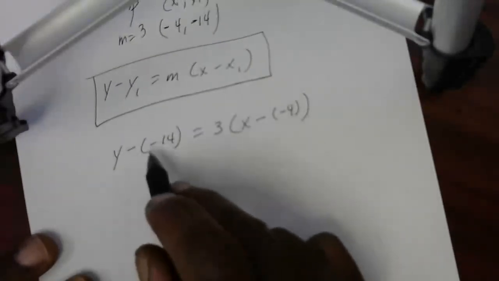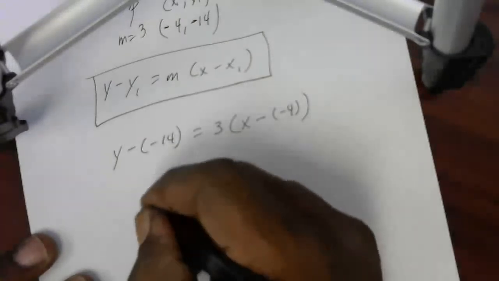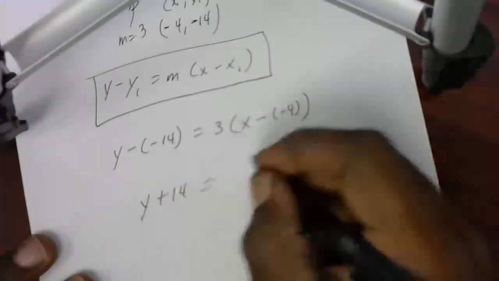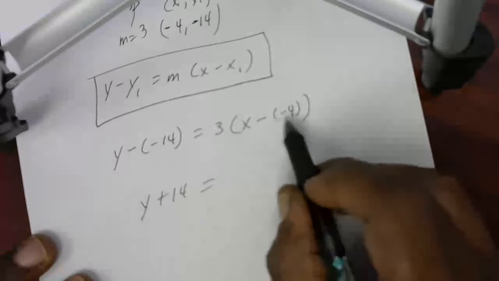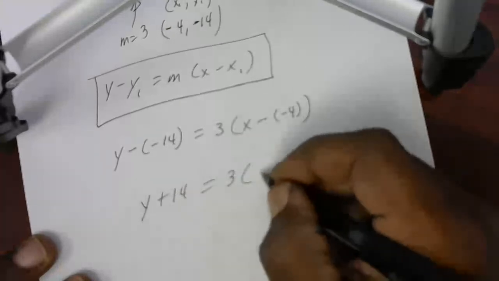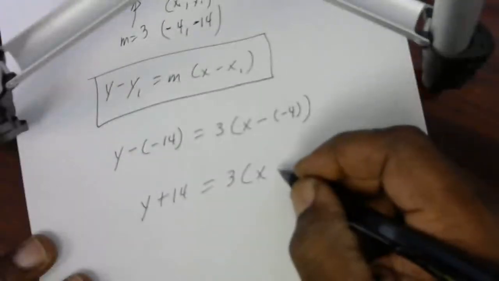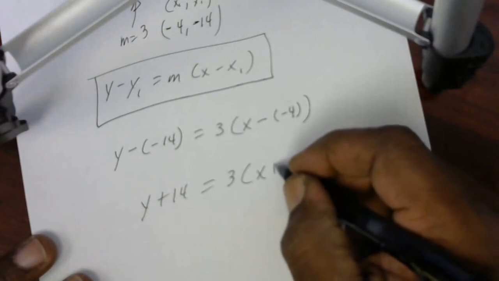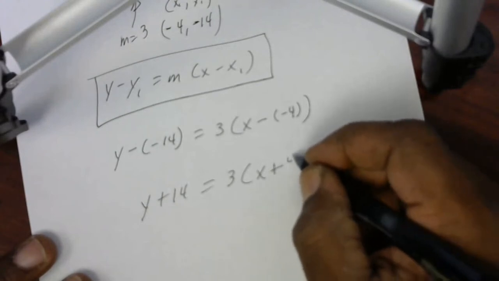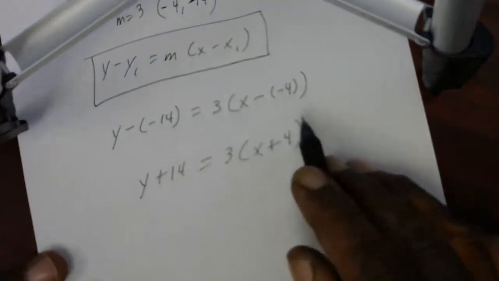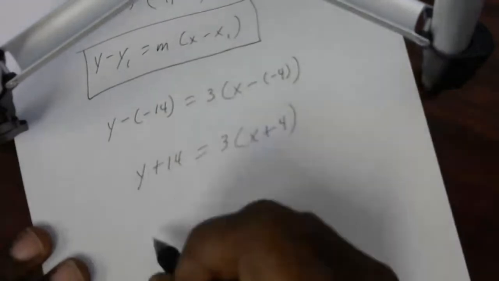Okay, now I'm going to simplify my sign so that double negative makes a positive. I'm going to simplify again. So this is 3 times x plus 4. The double negative makes a positive.